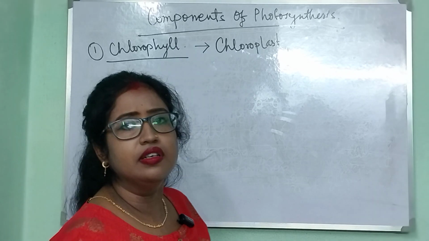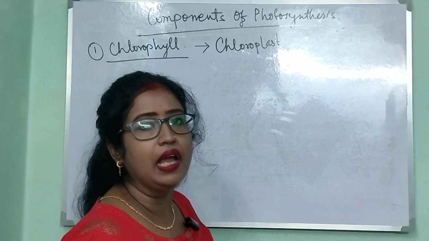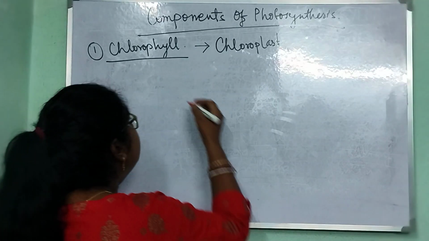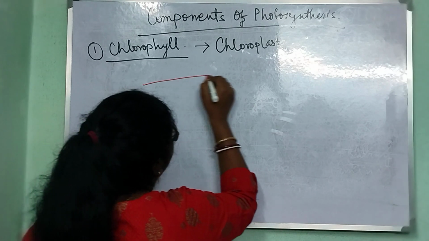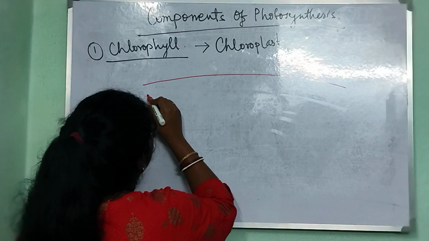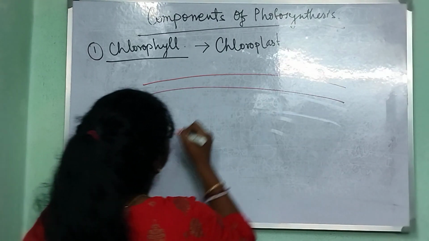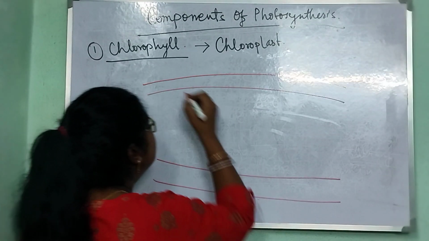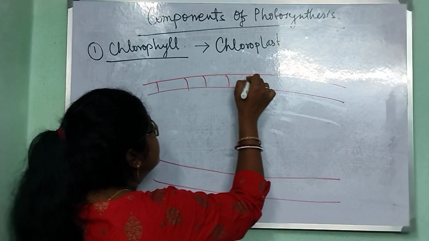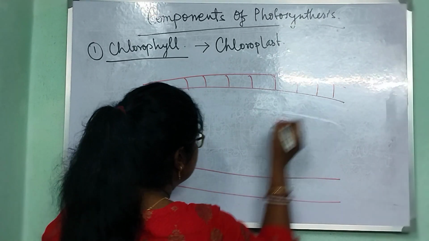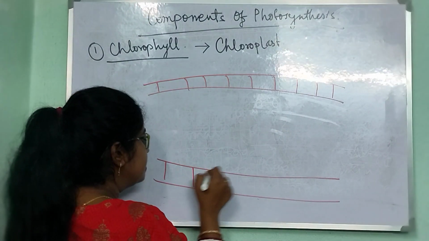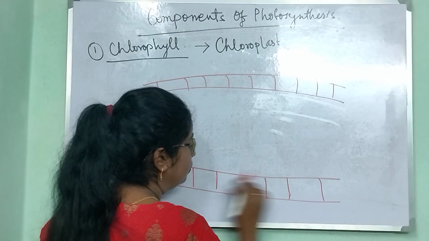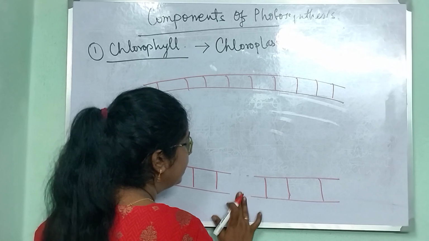If we study the structure of a plant leaf, we find that it has an outermost layer known as the epidermis. These flattened cells are present in the outermost area of the leaf.